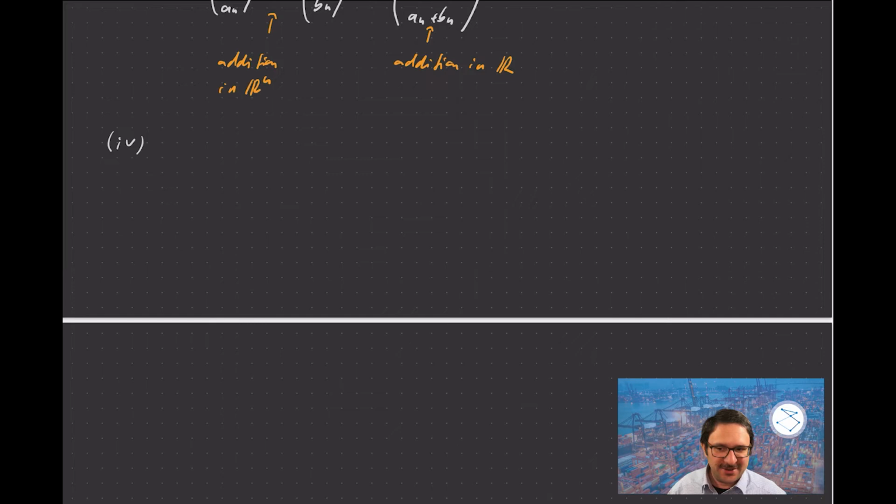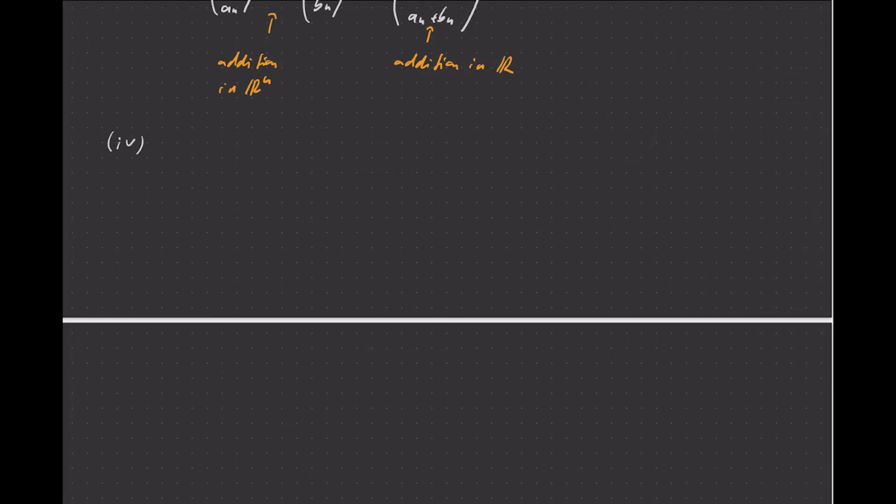In addition to addition, we have one more operation, and that's multiplication. We cannot multiply vectors with each other. So for real numbers, what we can do is we can take two real numbers and multiply them, and the result is again a real number. That is not the case for vectors. There is no such operation on vectors. But there is a multiplication of a vector and a scalar, and that is called scalar multiplication.